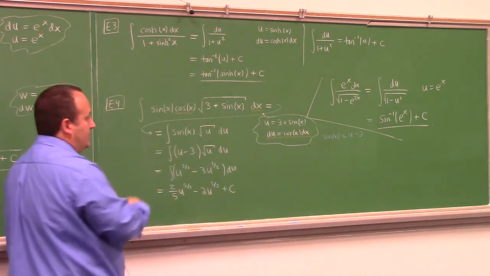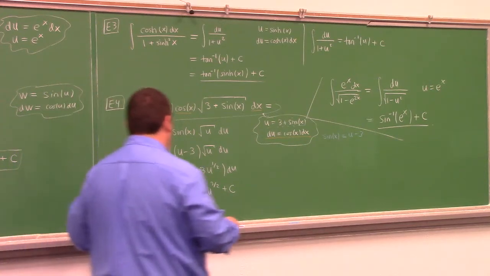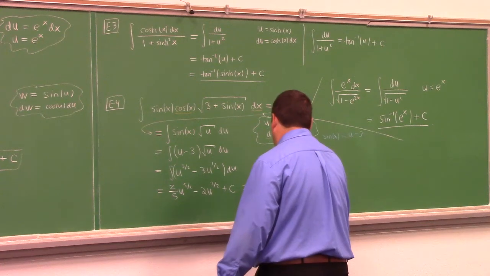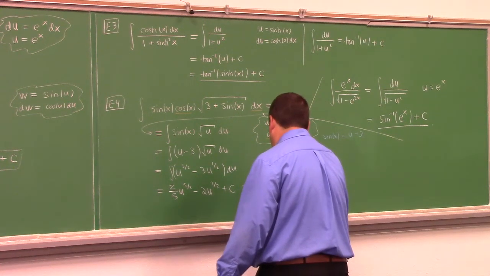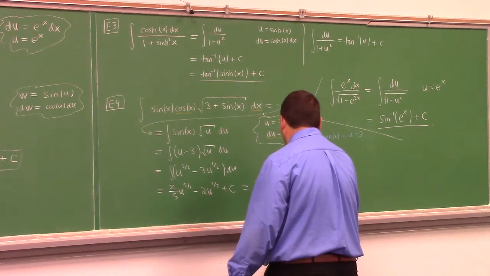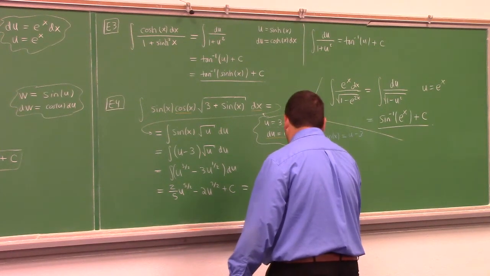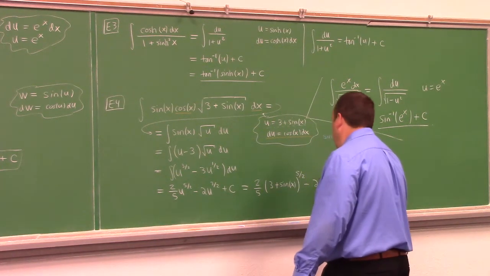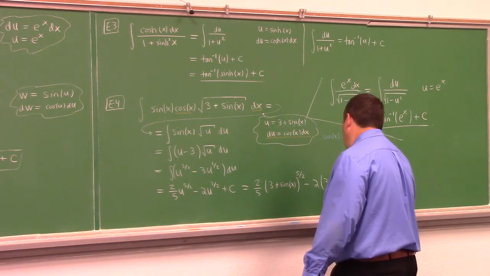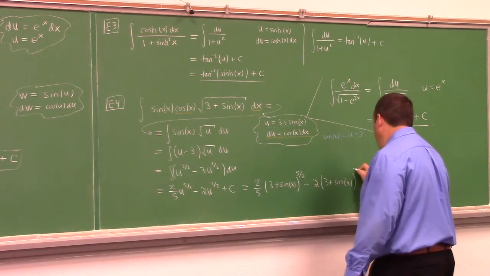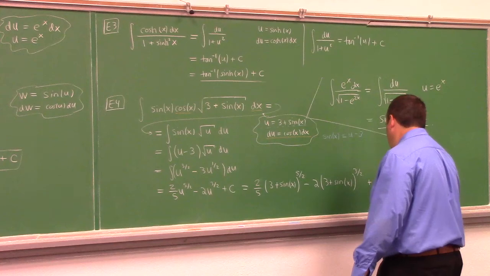But of course, we have to undo the substitution. So we get 2/5 times (3 plus sine of x) to the 5/2, minus twice (3 plus sine x) to the 3/2, plus a constant.